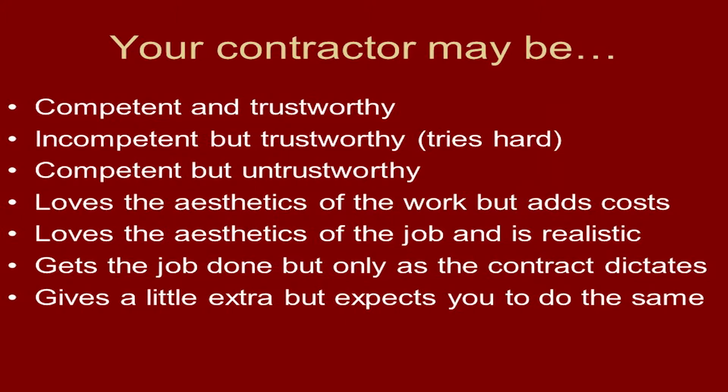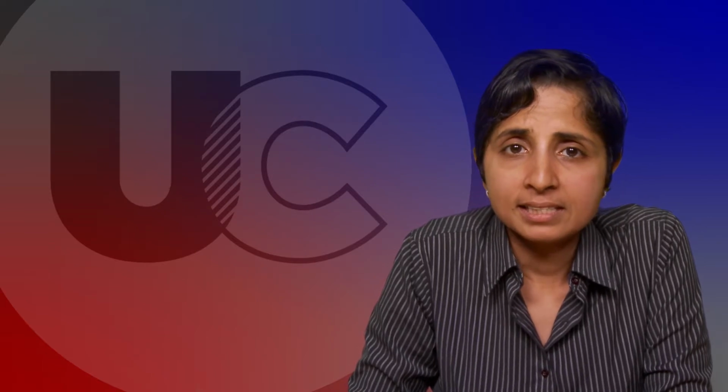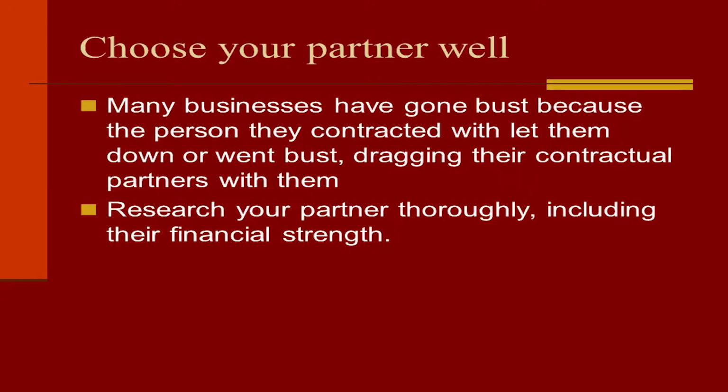And sometimes even competent, honest people can misinterpret the contract and deliver an undesired outcome. For these reasons, it is critical to choose your partner in a contract well. Many businesses have gone bust because the person they contracted with let them down or went bust, dragging their contractual partners along with them. So research your partner thoroughly, including their financial strength.